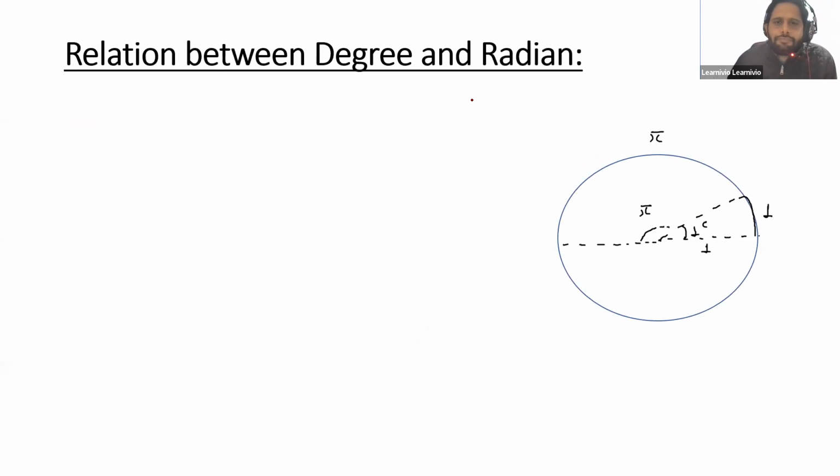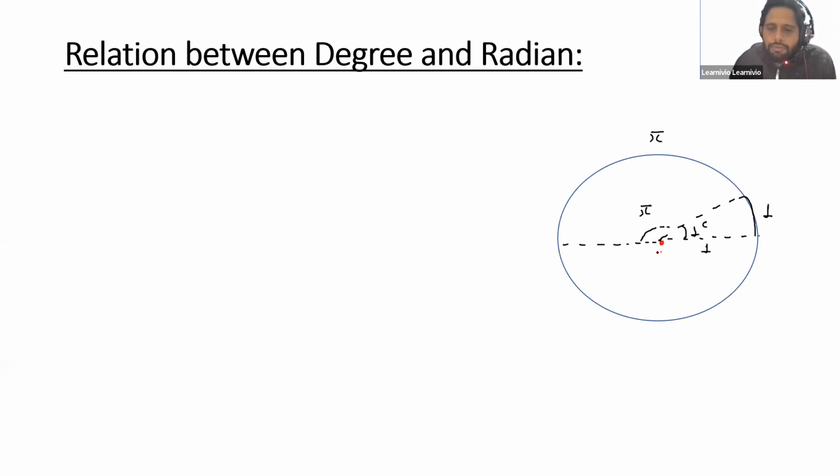Our next topic is relation between degree and radian. We have checked what is a degree, what is 1 degree, and what is 1 radian. Now we will find out the relation between these two. Suppose we have this circle, and we have this radius.